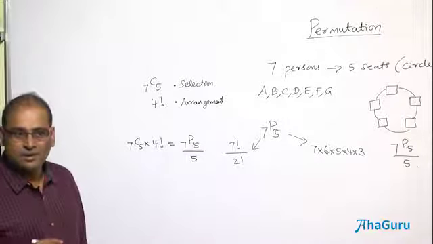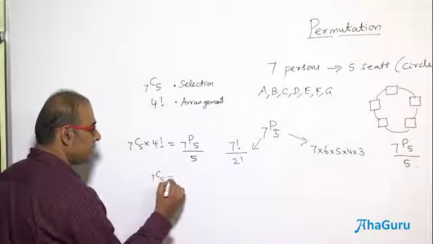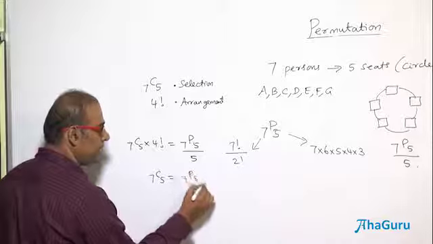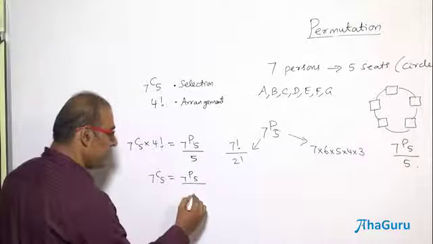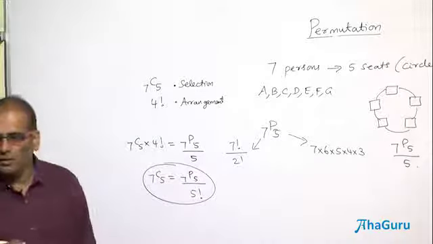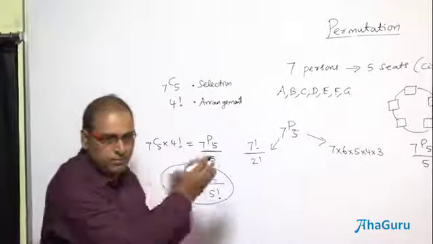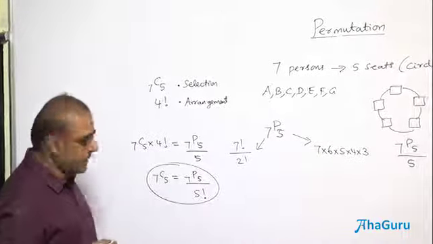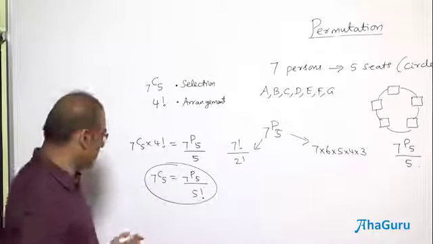Are you able to understand? So can you take this 4 factorial here? What do you get? 7P5 divided by 4 factorial into 5. What is 4 factorial into 5? 5 factorial. Understood or not? So actually it's the same thing I have got in 2 different routes, right? And I am getting a link between the combination and the permutations.